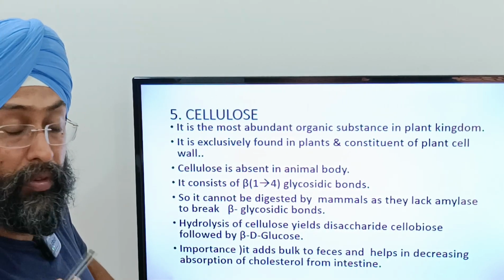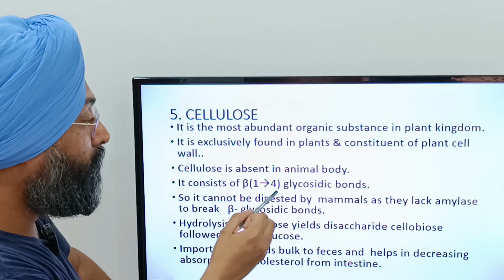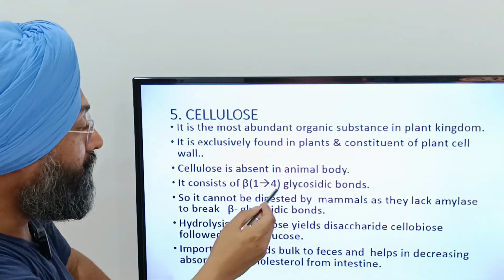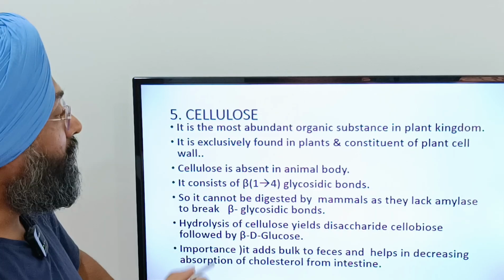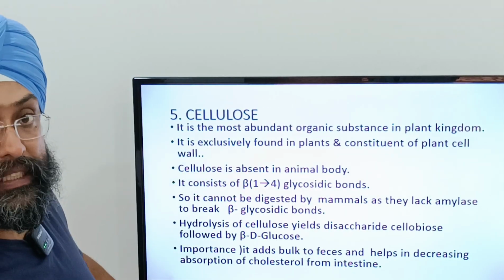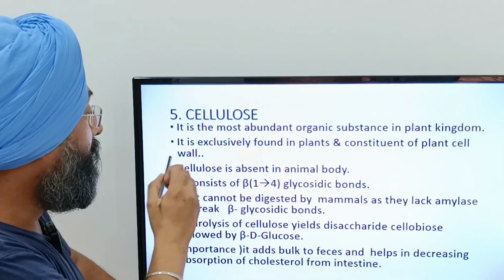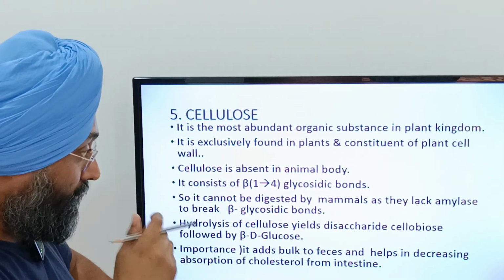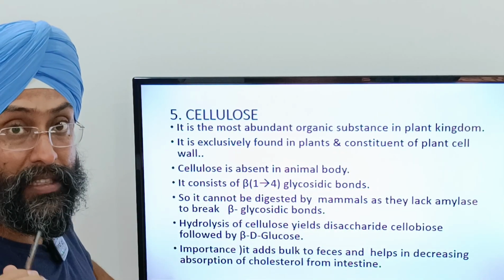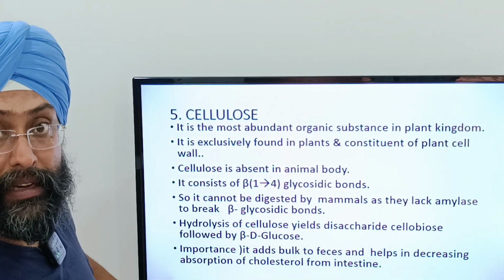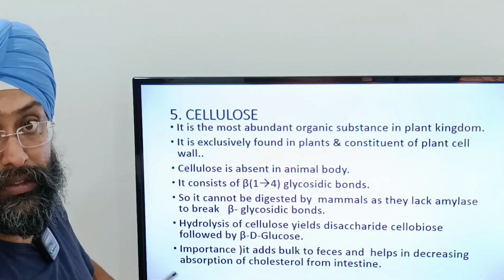The normal is alpha 1,4, here the bonding is beta 1,4. So both salivary and pancreatic amylase cannot digest this beta 1,4 linkage. So cellulose is not digested by humans. It is found in plants as a constituent of the plant cell wall, and it cannot be digested by mammals because the bonding is beta 1,4, and our salivary and pancreatic amylase can digest only alpha 1,4 linkage.